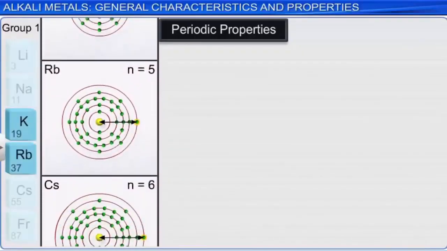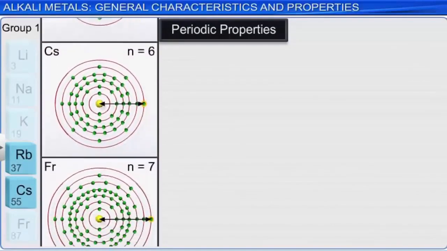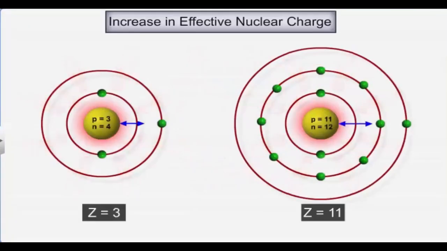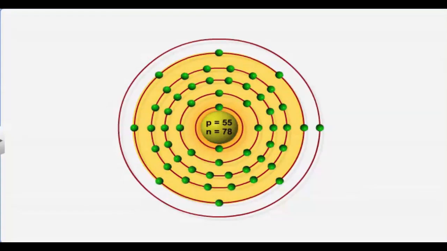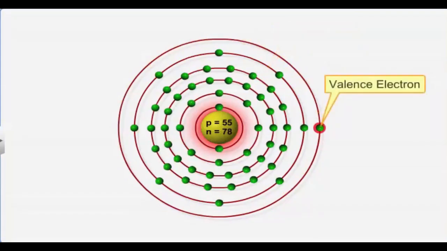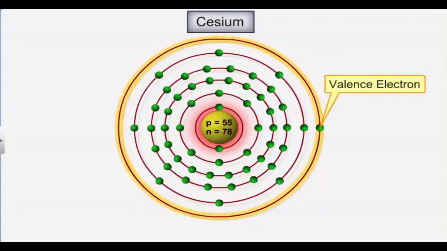The electrons in the inner shells repel the electrons in the valence shell. So as the number of electrons increases, the electrostatic force of attraction between the nucleus and the valence electron decreases. This is because of the screening effect. These are some of the reasons experienced by the s block elements down the group. That's why they have low ionization energy.